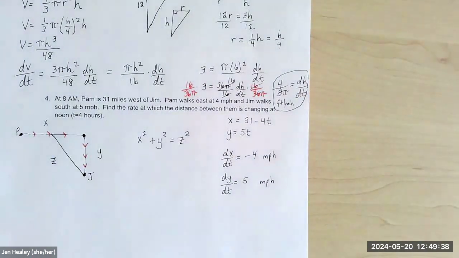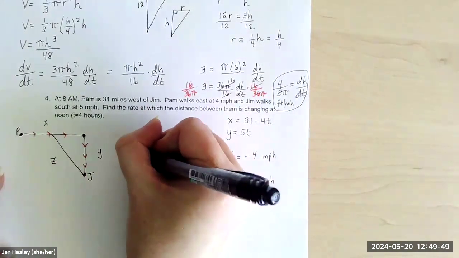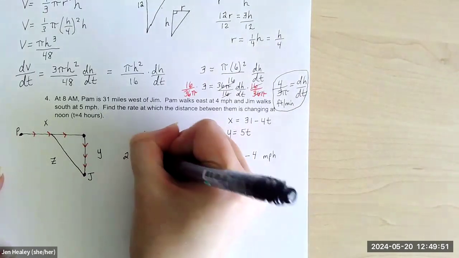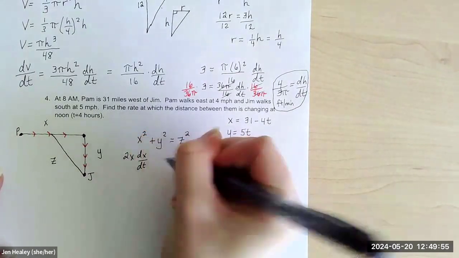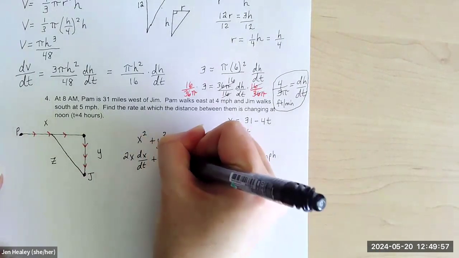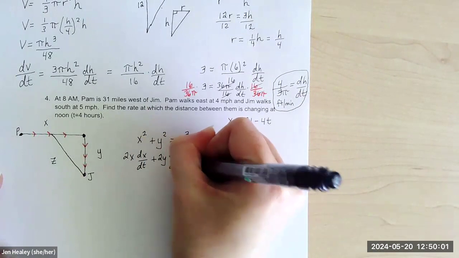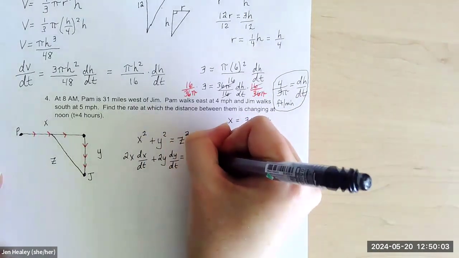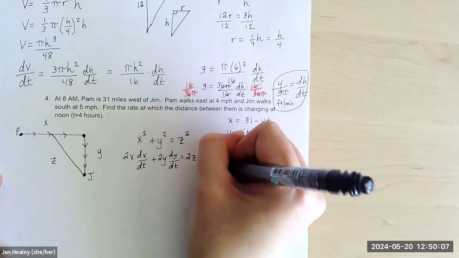So that's some information, but here's what's a little bit tricky here. If I take the derivative of the equation that we've got, you're going to have 2x dx/dt plus 2y dy/dt is equal to 2z dz/dt.